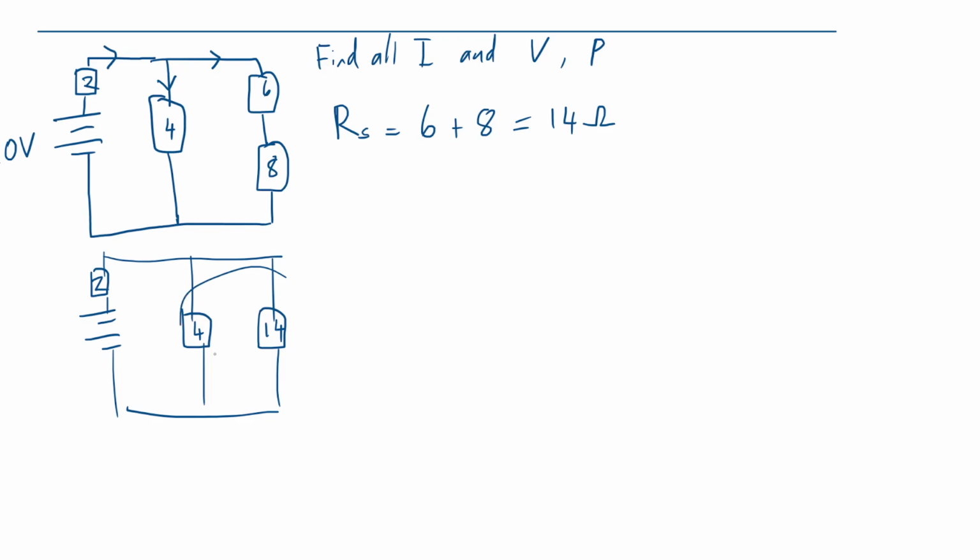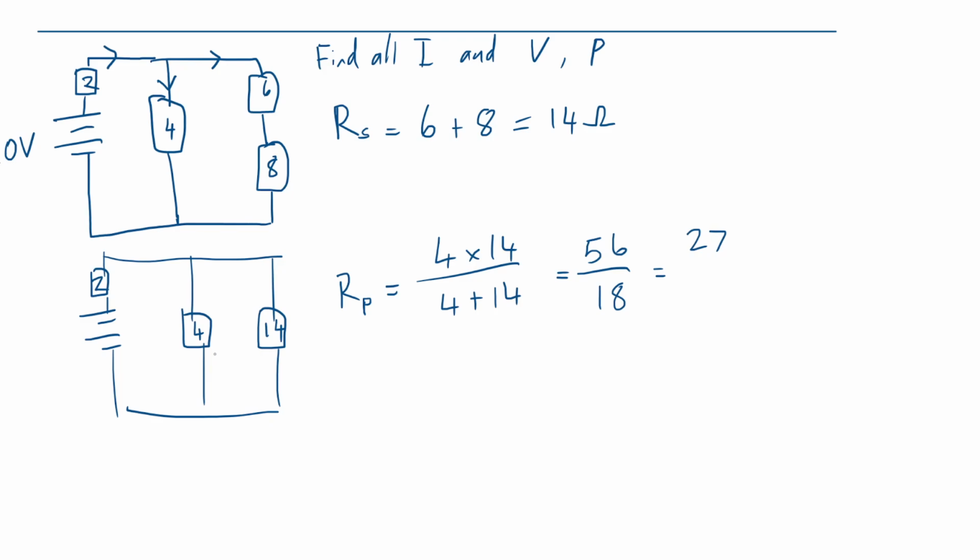What's next? Well, the parallel branch. So R parallel. I'm going to use a shortcut. The product divided by the sum. 56 over 18. Does that go in 36? No, it doesn't. Where's my calculator? Divide by 2 a few times. 28 over 9. 3.1. You have a calculator.